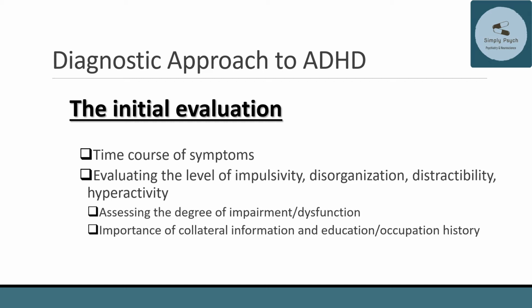There are a number of things that can really affect a person's presentation in a psychiatrist's office, right? It's a snapshot of their life. It doesn't mean that the way they're presenting in the office is how they're functioning in the real world. And so that's exactly why collateral information can be very important and very informative.